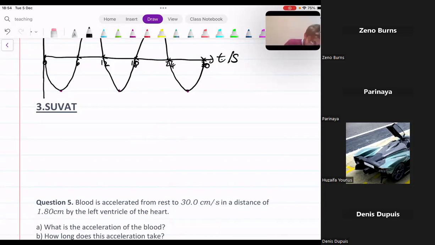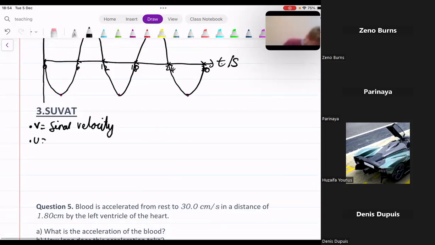So firstly, you need to know what the symbols mean. V always means final velocity. U means initial velocity. T is time.